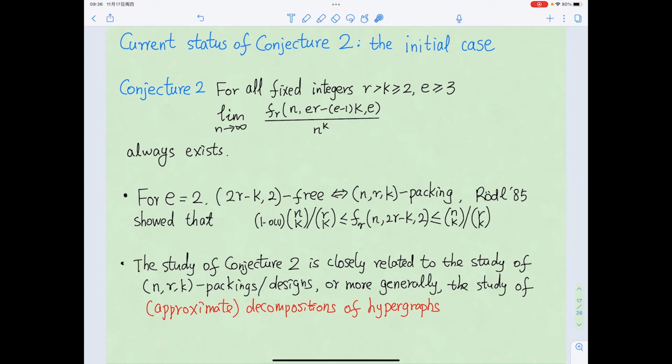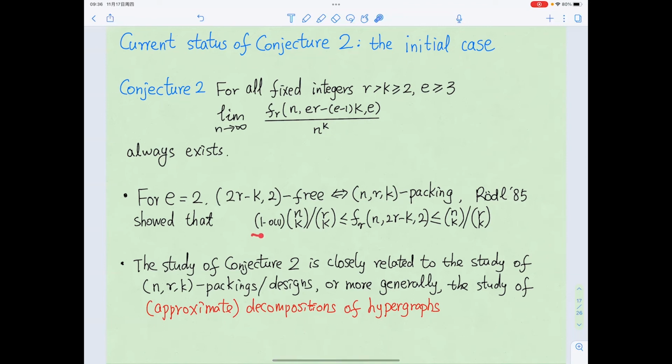Then the result of Rödl shows that this function f_r(n, 2r-k, 2) is at least (1 - o(1)) times n choose k over r choose k.